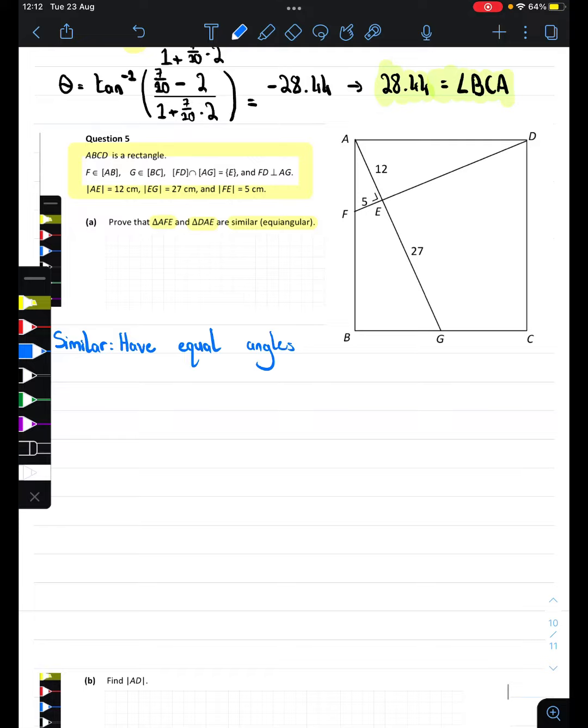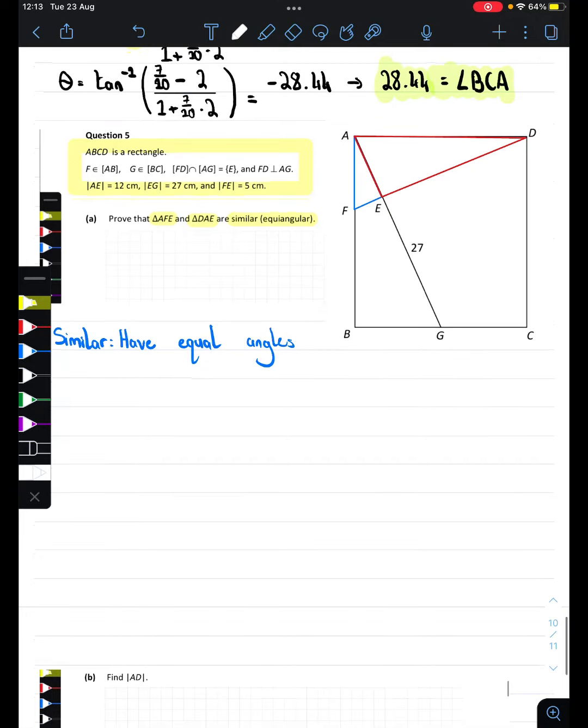Okay, so we want to show that this triangle here, this triangle in the top corner, has the same angles as this triangle ADE. So we want to show that these two have equal angles.